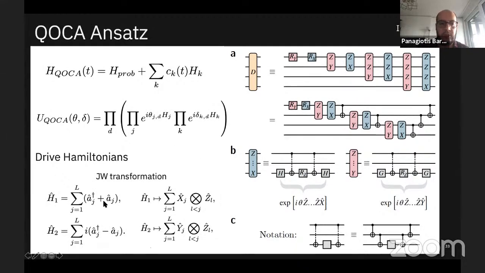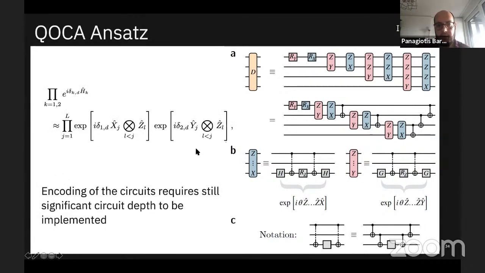The drive Hamiltonian has the form that we have here because, for simplicity, we omit the time-dependent part and fix it at 1 and i. We have the H1 and H2 terms, which we need to map with the Jordan-Wigner formalism, and these terms are the ones that are depicted here. So this is the drive Hamiltonian, and this part of the ansatz is encoded in the fashion that you have here.